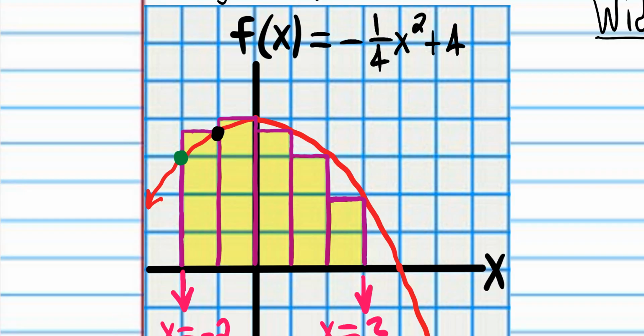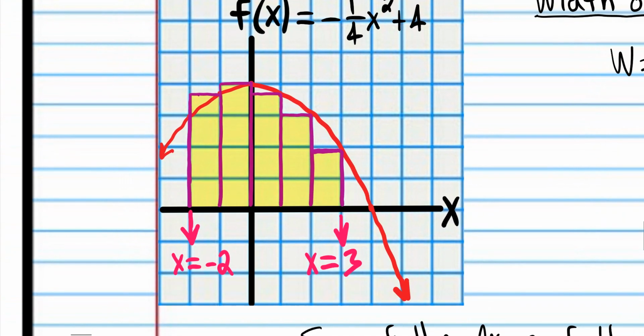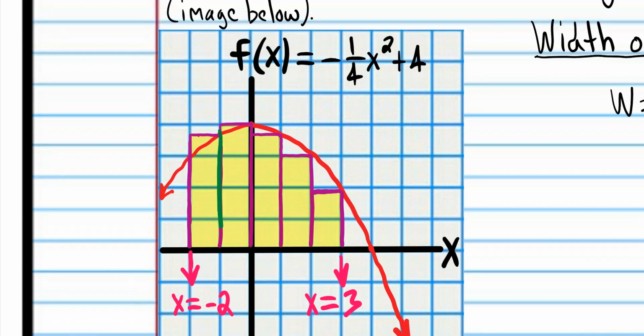The green point does not. That's very important, because the green point is not at the corner of the rectangle. So we have to start at x equals -1. We have to count out -1, and then we're going to plug in -1 to the function, and whatever we get, that's going to be this green height.